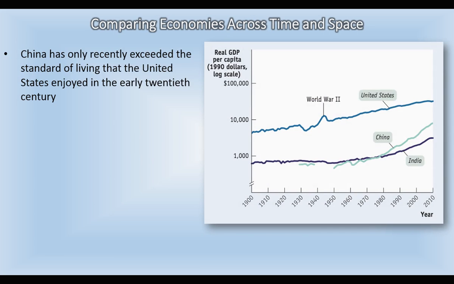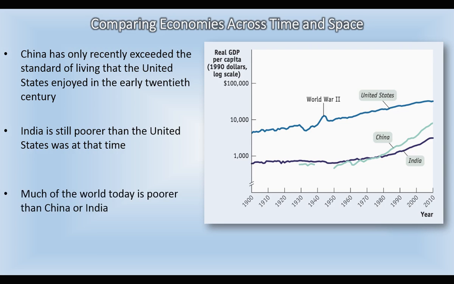All right, so China has only recently exceeded the standard of living that the United States enjoyed in the early 20th century. India is still poorer than the United States was at that time. So in terms of GDP per capita, they're still lagging in their ability to catch up to even us back in the 1900s. So much of the world today is poorer than China or India.